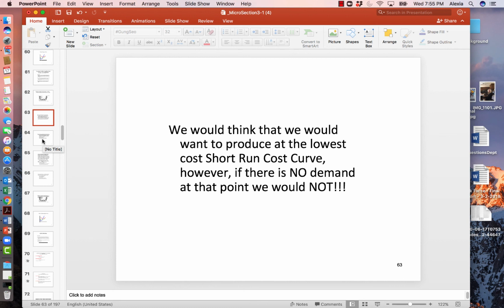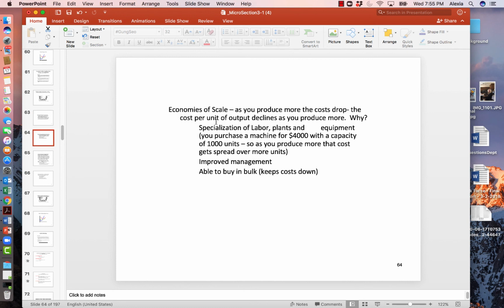So the economies of scale are where the costs are going down, down, down, down, down. Sorry, let me backtrack. That would be the place where, as the company is expanding, so they go from 1 store to 2 stores, the cost per unit of output is declining as you produce more. Why?